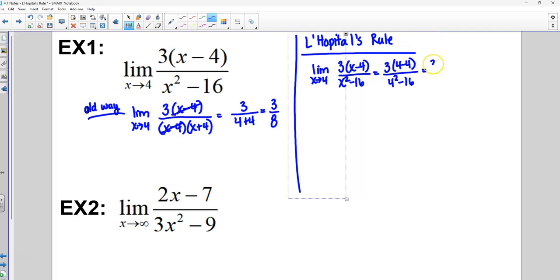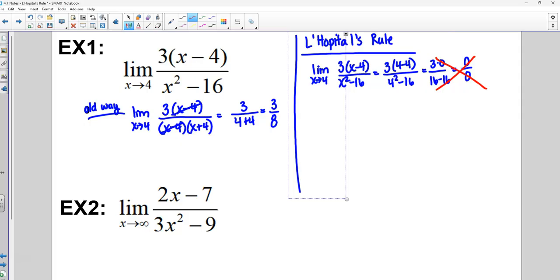And that would give you 3 times 0 over 16 minus 16, which would equal 0 over 0. But they do not, I think I mentioned this when we were doing limits, but I kind of let you get away with it here. They do not like for you to ever say that anything equals 0 over 0.